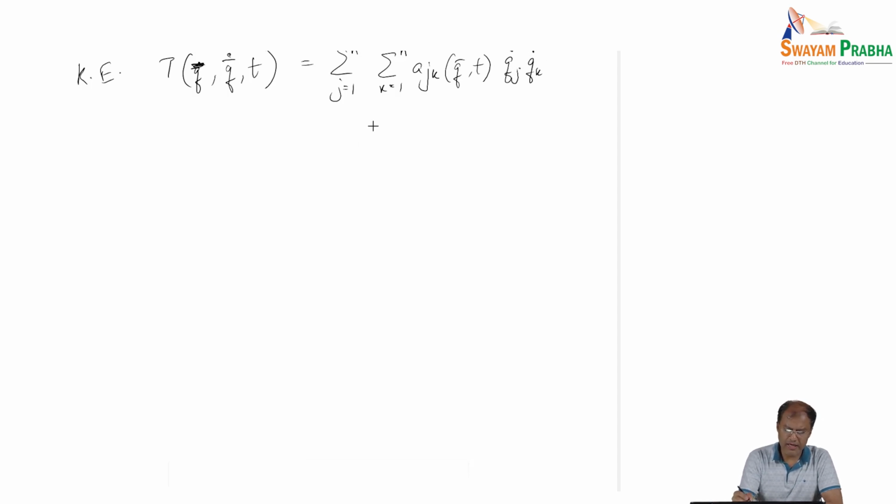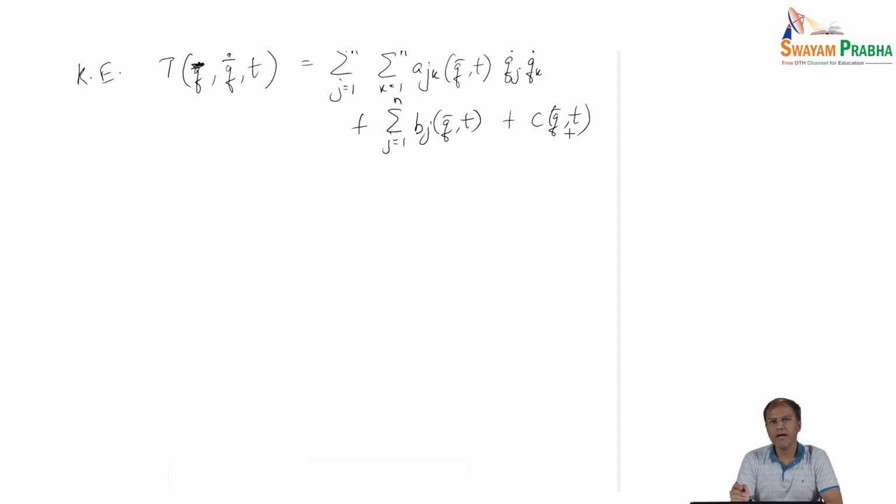So this is my kinetic energy, plus summation bj of q comma t, where j is from 1 to n, plus c of q comma t.